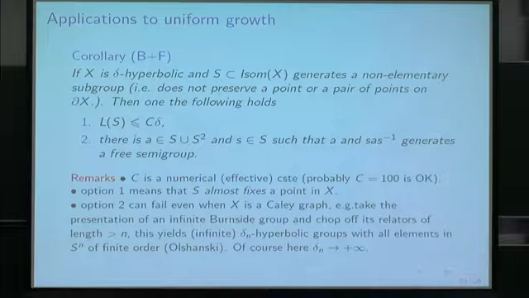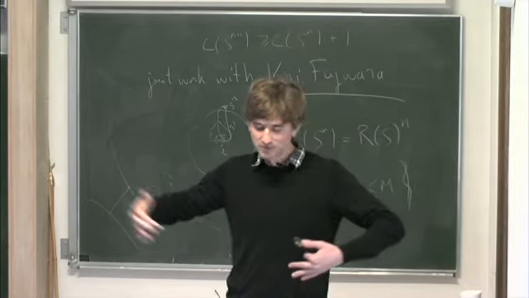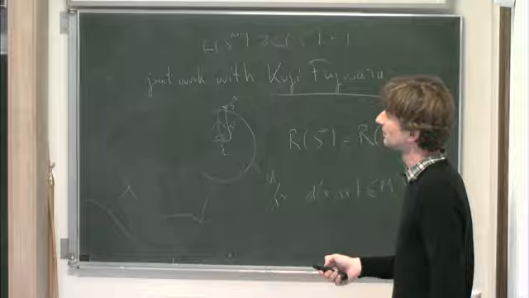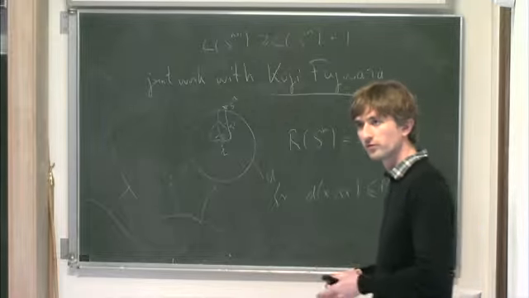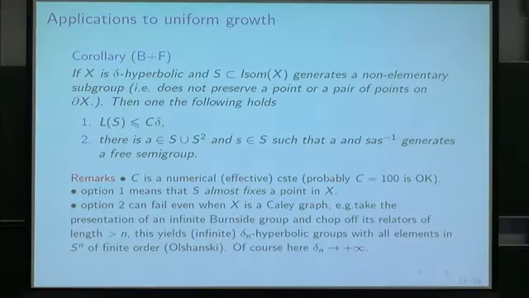For hyperbolic groups, you can show that L of S^(n+1) is always bigger than L of S plus 1, so there is always at least some growth. So you get out of option 1 fairly quickly. And this gives another proof of a result of Koubi that hyperbolic groups have uniform exponential growth.